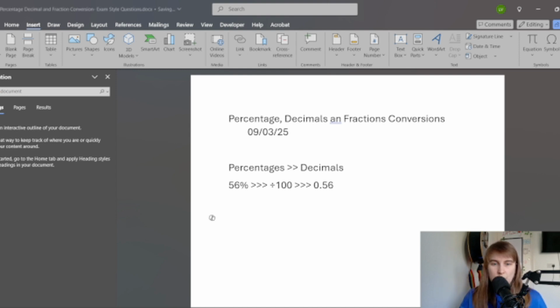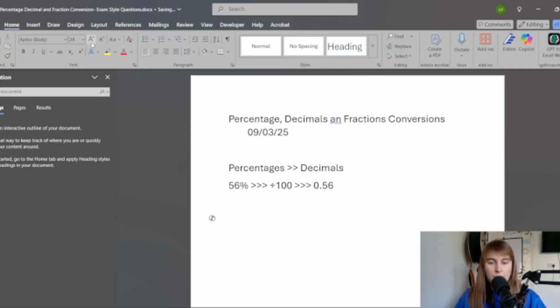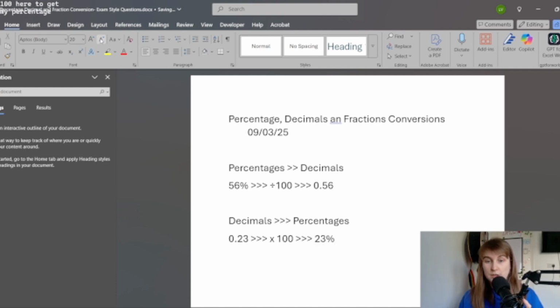Great. So similarly, if we want to go from decimals to percentages, we reverse the process. So let's say I have 0.23. I multiply by 100 here to get my percentage, which is 23%.